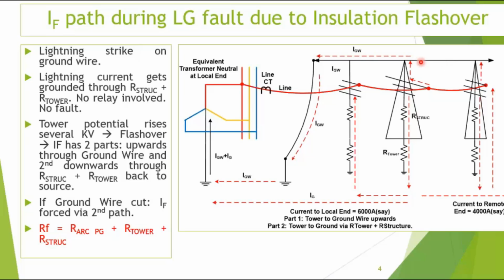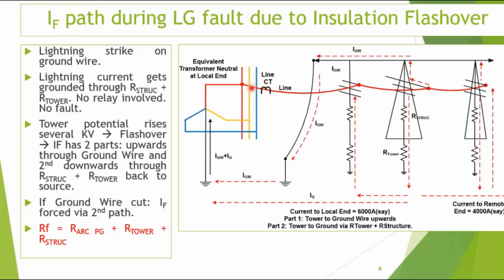Lightning strikes create faults when the tower gets elevated to a very high potential, and that creates a flashover between the conductor and the tower structure. Because the tower structure is at a very high potential, the conductor is relatively at a lower potential at that moment of time. This is the mechanism of these lightning faults.